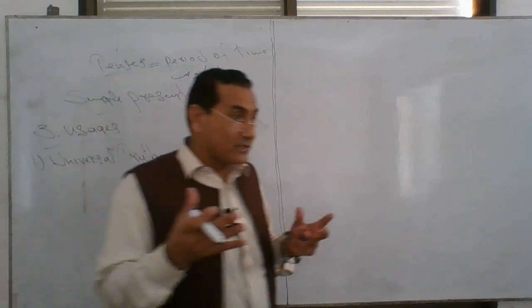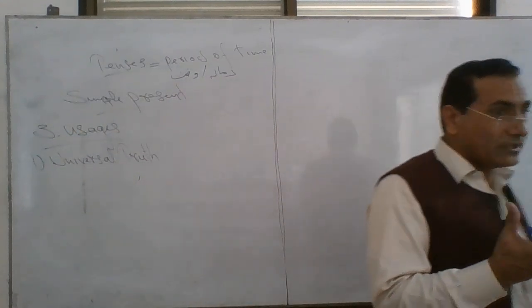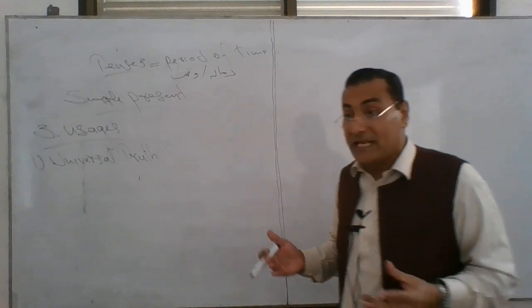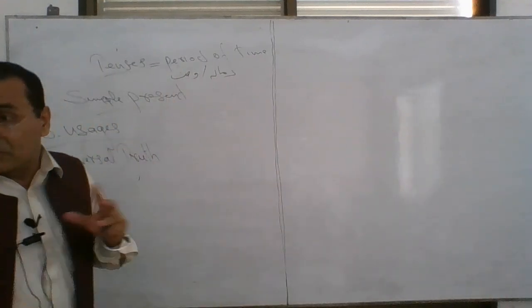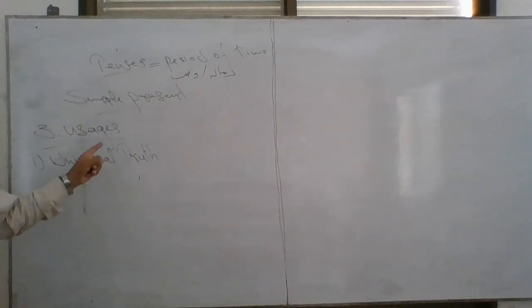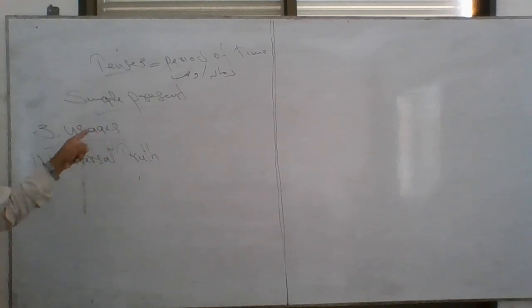So these are what we call universal truth. So anything that is universally accepted, those kinds of sentences must be written in present indefinite or simple present. Clear?